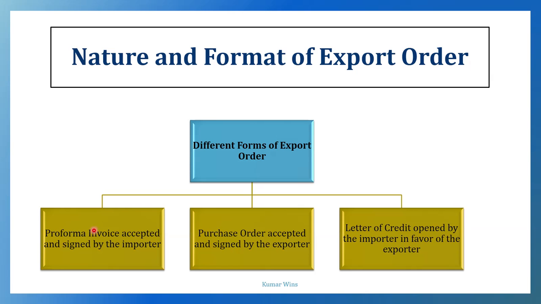Alternatively, this export contract may require a purchase order, and this purchase order has to be sent by the importer to the exporter. And if the exporter finds that the purchase order is in accordance with the terms and conditions of the contract, they accept it.